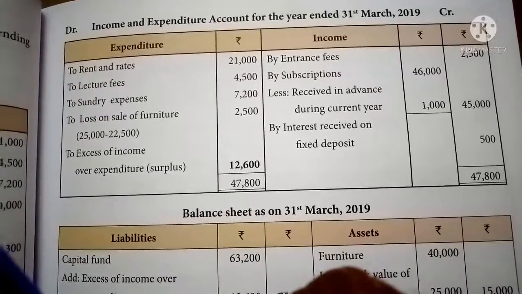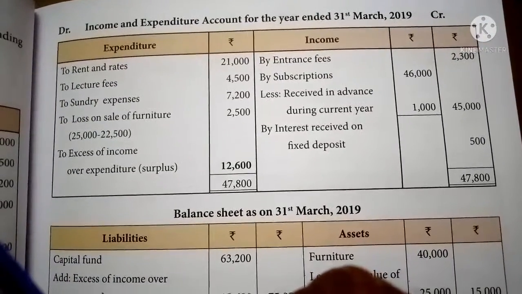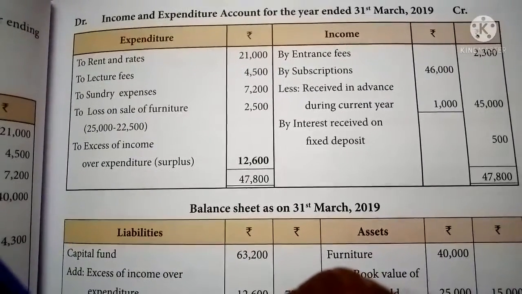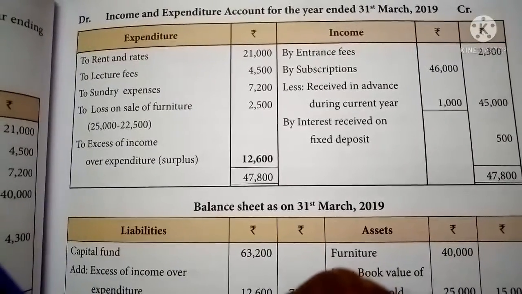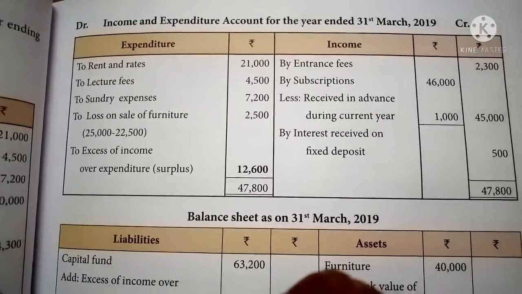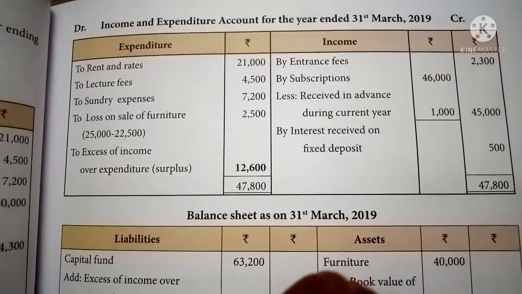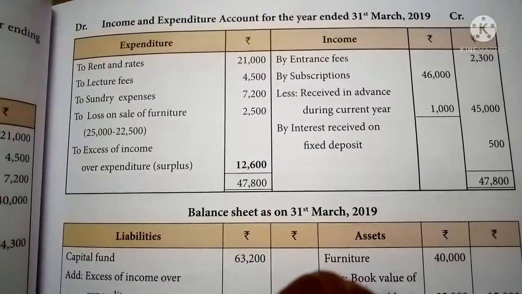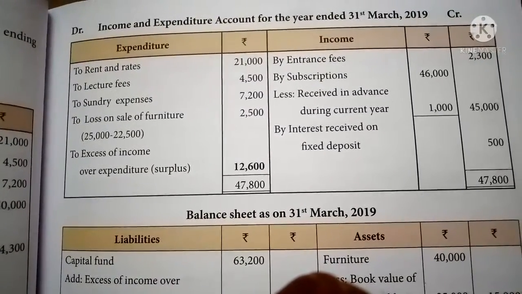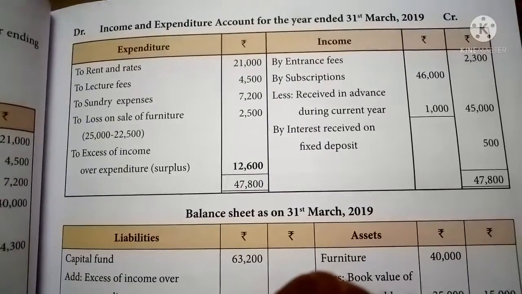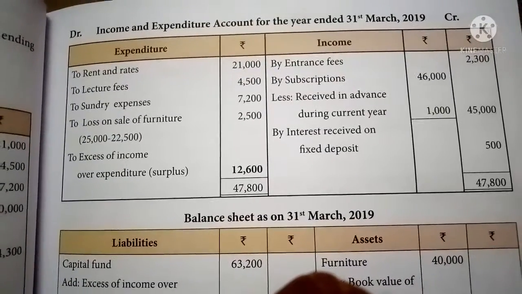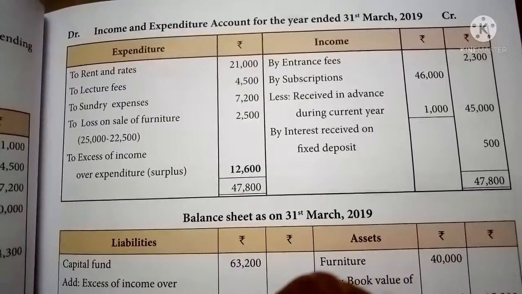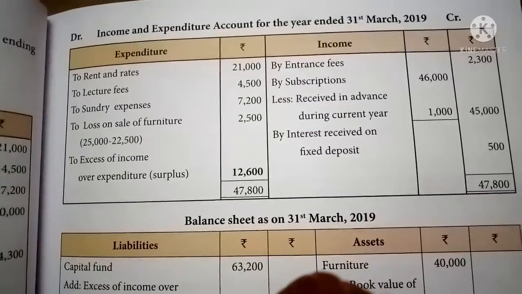In the credit side, the total will be 47,800. So the highest total will be the credit total, income side, 47,800. Write that highest total on both sides. From that we can subtract the debit total, 35,200. So after subtracting this 35,200, the net amount will be 12,600. That 12,600 is the surplus, that is, excess of income over expenditure.